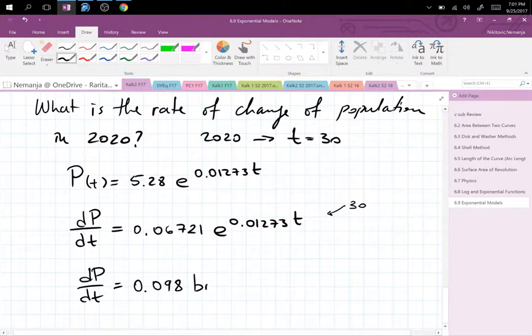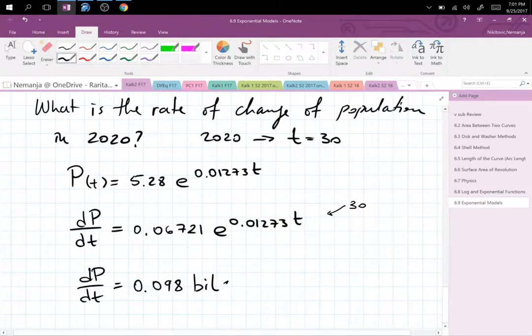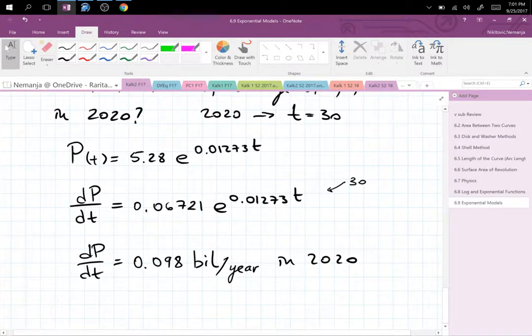Now this is billion. 0.098 billion. So we are looking almost at 100 million, right? So what this number is, sorry, this is not billion, this is billion per year in 2020. That's what it means. Because you can see that it's dP/dt, it's population over time.